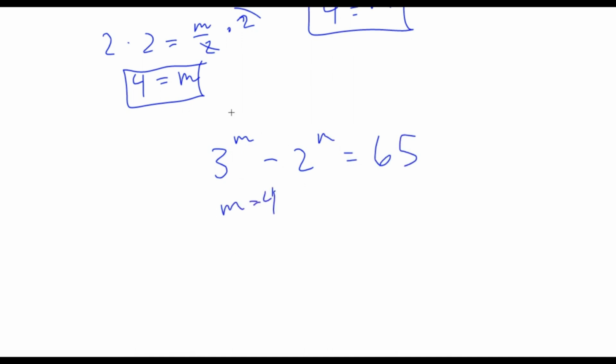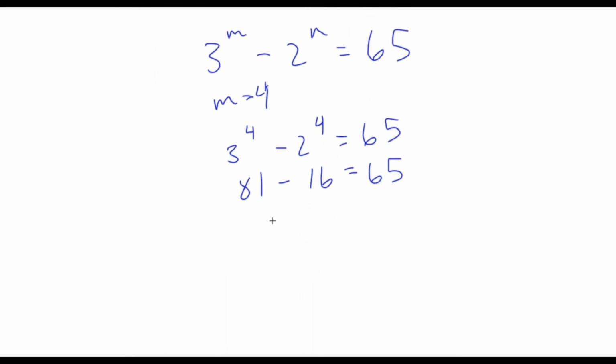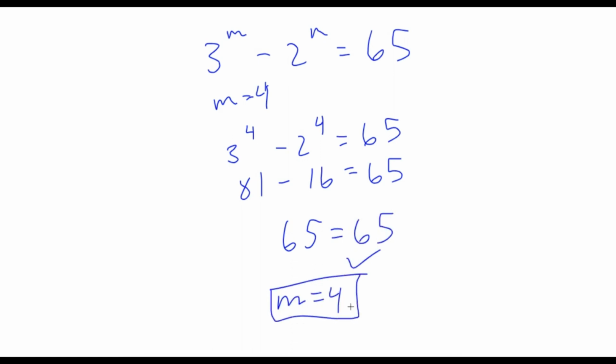So if I plug in 4 for m, I get 3 to the power of 4 minus 2 to the power of 4 is equal to 65. 3 to the power of 4 is 81, minus 2 to the power of 4, which is 16. So 81 minus 16 is 65. So 65 is equal to 65, because it is right, we know that m is equal to 4 is right as well.